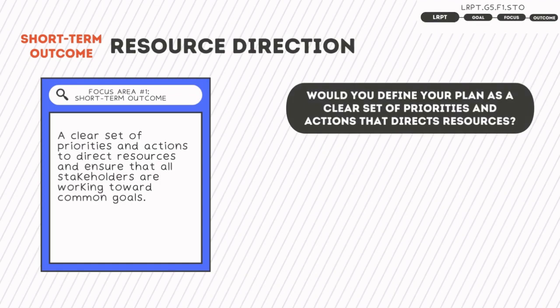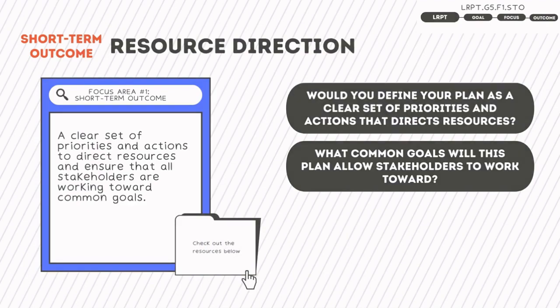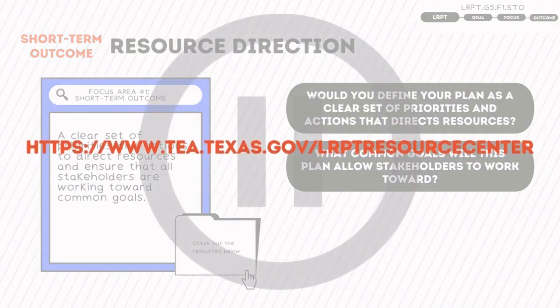When you think about your planning, would you define it as a clear set of priorities and actions that direct resources? What common goals will this plan allow stakeholders to work toward? Use the resources below as a tool for this outcome. Pause the video here to reflect on these questions in your workbook.